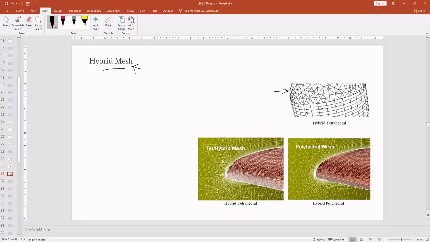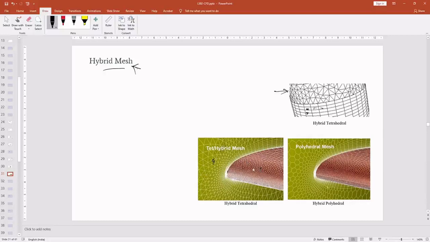So here is a hybrid tetrahedral mesh. Here, if you see, it's actually flow over a wing of an aeroplane. The air domain or the fluid domain is meshed with tetrahedral mesh.